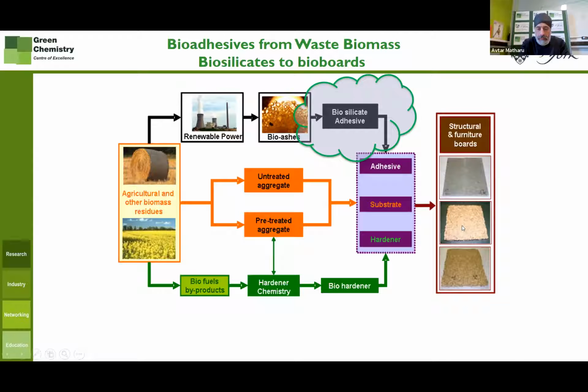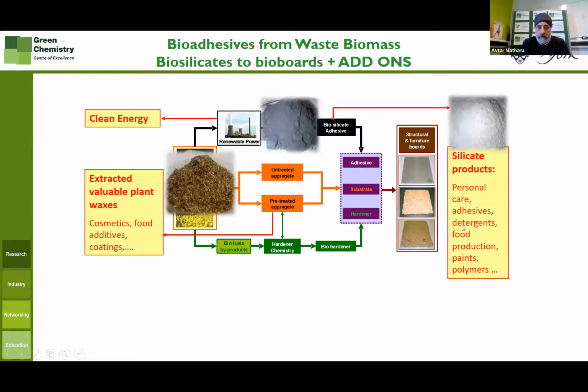The nice thing about this is there's additional benefit to this project in that the biosilicate adhesive that we have, not only can we use it as an adhesive, but this biosilicate solution also lends itself to a whole set of silicate products on the right-hand side. I mentioned that the straw, we extract the wax.